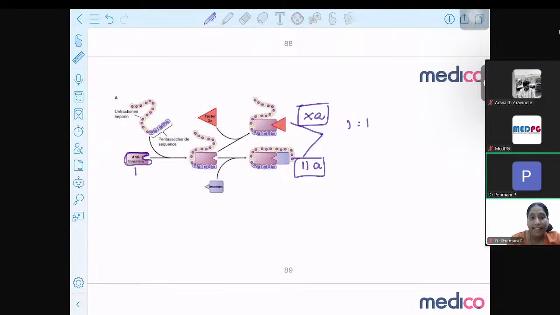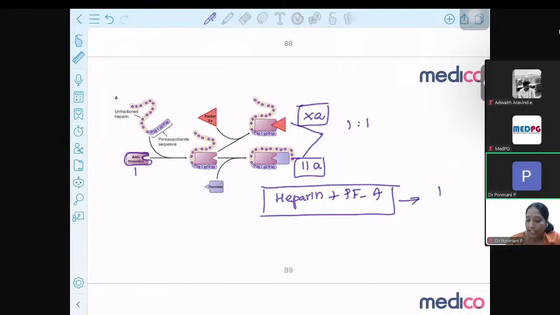It not only inhibits these two factors, it also forms a complex with PF4, which is called platelet factor 4. When it combines with platelet factor 4, it increases the degradation of platelets. And this is going to result in thrombocytopenia.